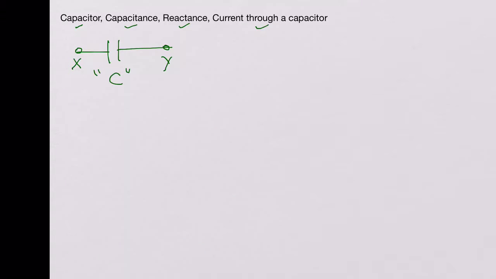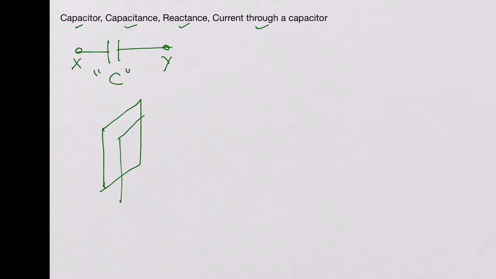A capacitor is nothing but two plates of conducting material that are separated by a distance in between them.